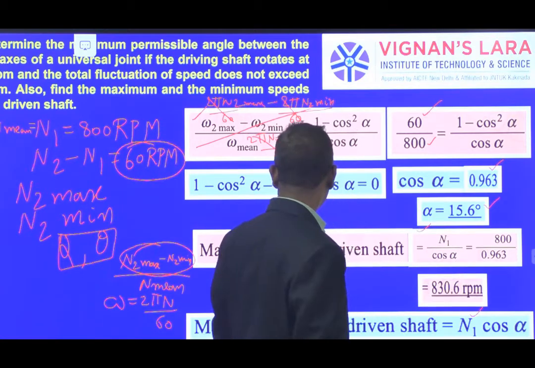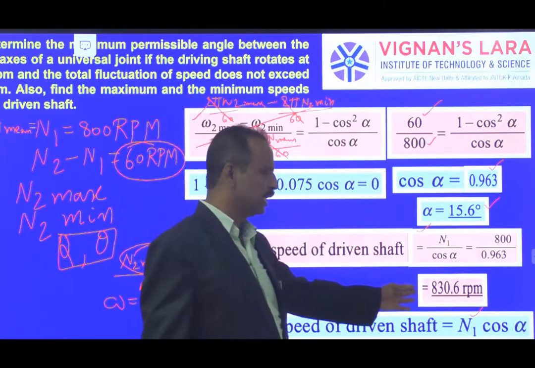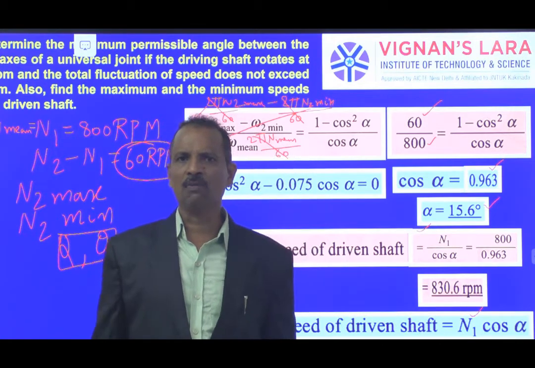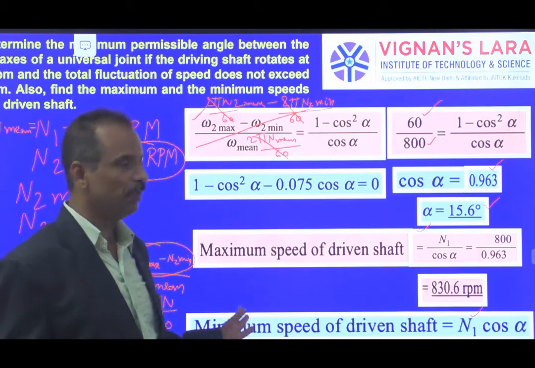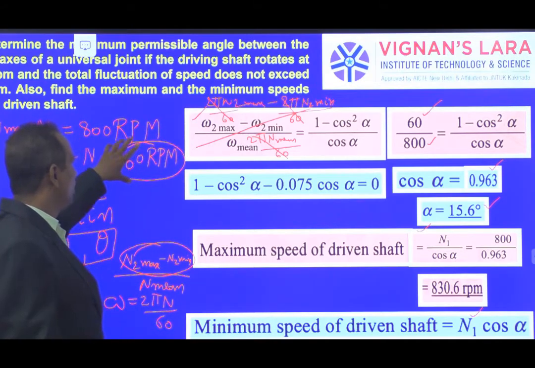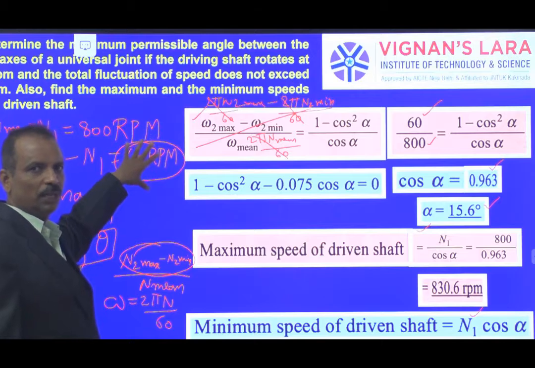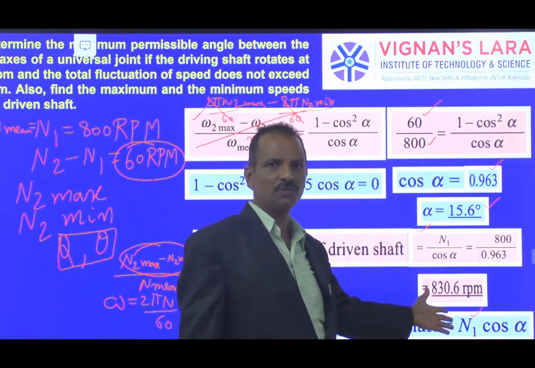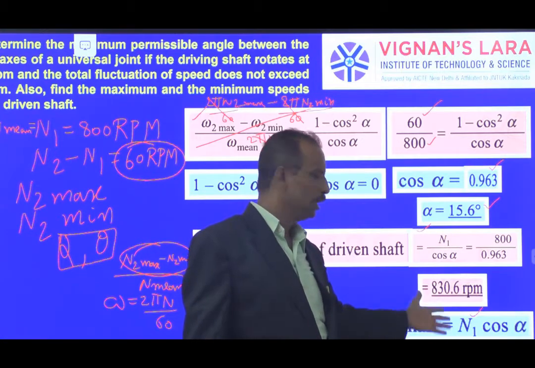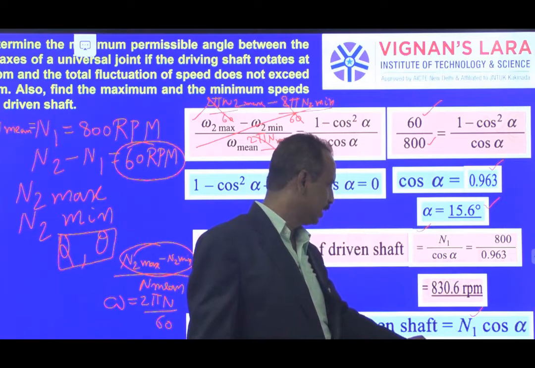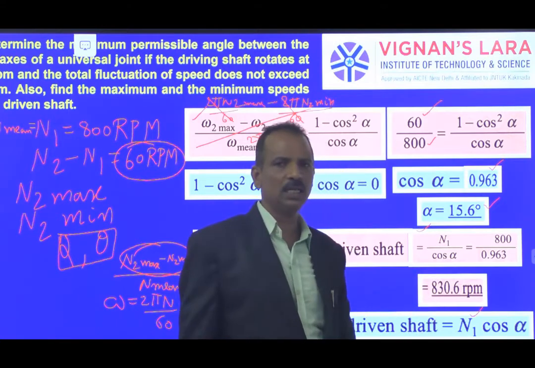So this gives a maximum speed of 830 rpm and a minimum speed of 770 rpm of the driven shaft. That is what I said at the very beginning. You can check whether your answer is right or wrong, because if you add the total variation by 2 to the input shaft speed and subtract it, it will be the same. So that is 800 plus 30, 800 minus 30, that is 830, 770.